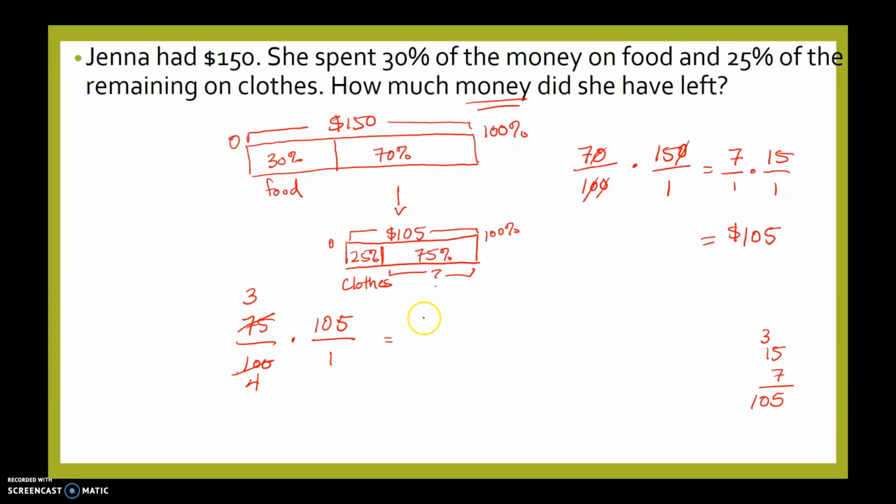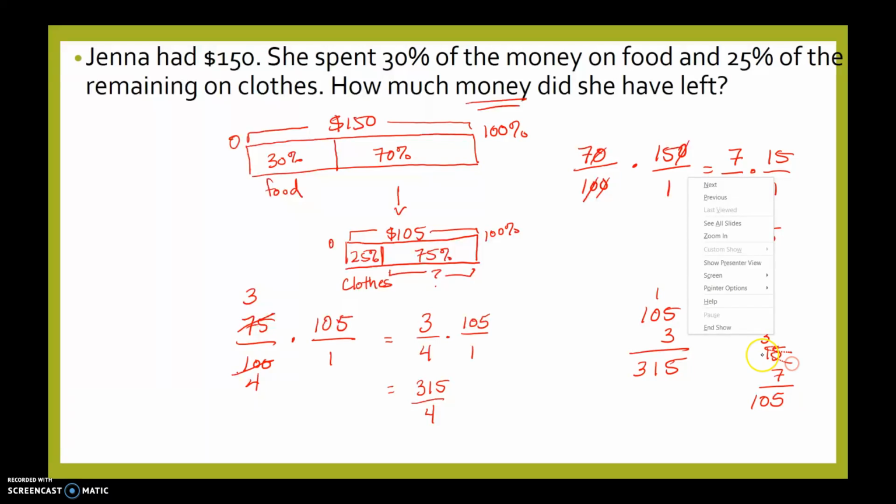And now we have 3/4 times 105 over 1. That means we need to do a little bit of math. So let's do 3 times 105. That's going to give us 315. And we still have to divide that by 4, don't we?